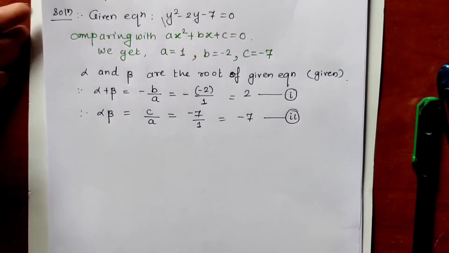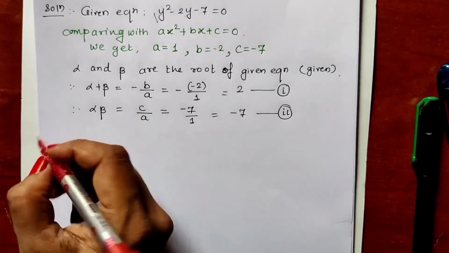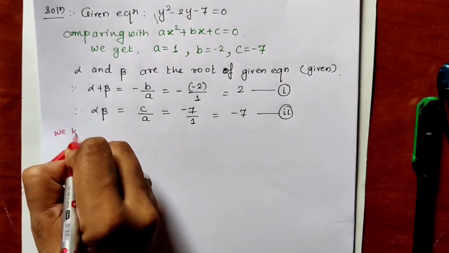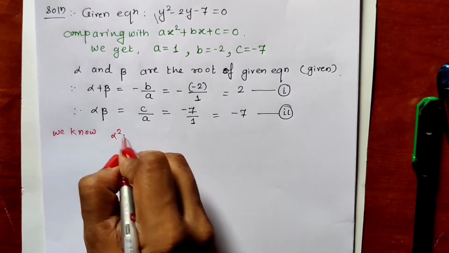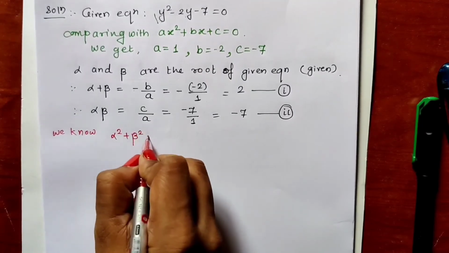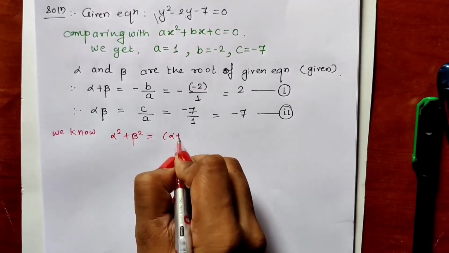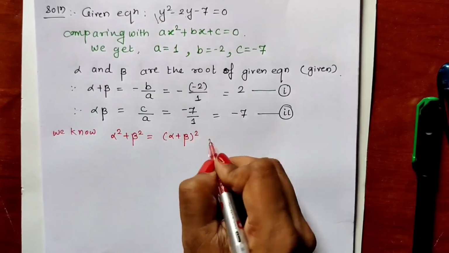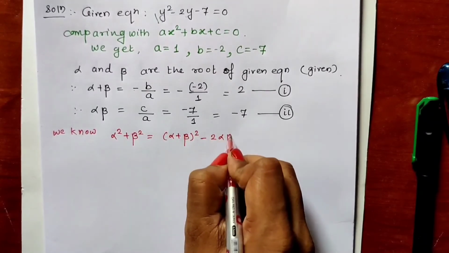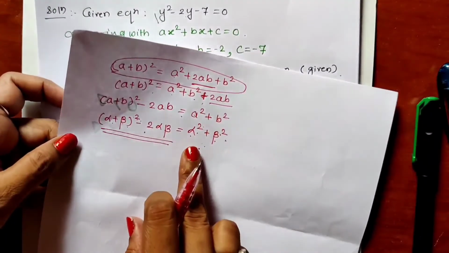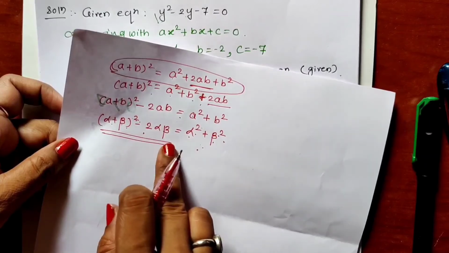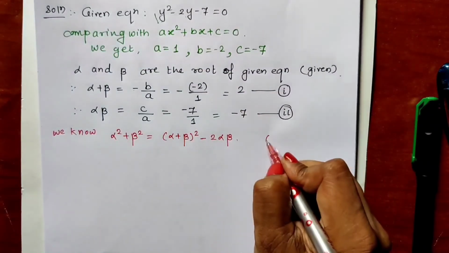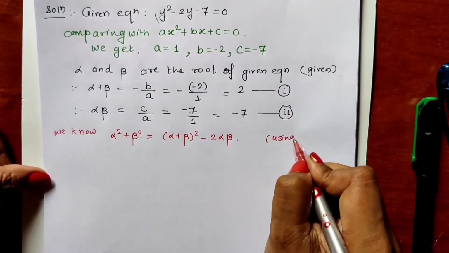Here I write, we know alpha square plus beta square is equal to alpha plus beta whole square minus 2 alpha beta. This formula I have written. Here I write using formula.